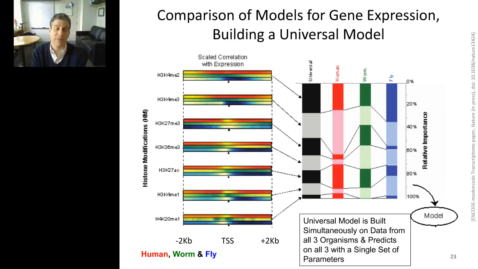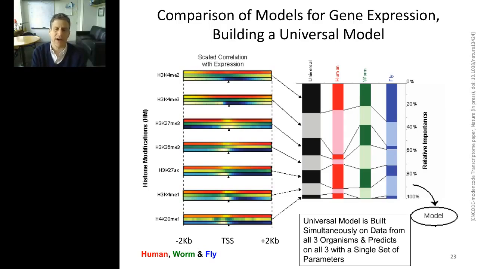Then we can build a model for each of them and look at the relative importance of each of the marks in that model. For instance, the importance of the marks in human is shown by the big red bar at the top right, worm by the green bar, and fly by the blue bar. You can see the different marks have different importance in the model. For instance, in human, H3K4me3 is quite important, whereas in worm and fly it's less important, and so forth.